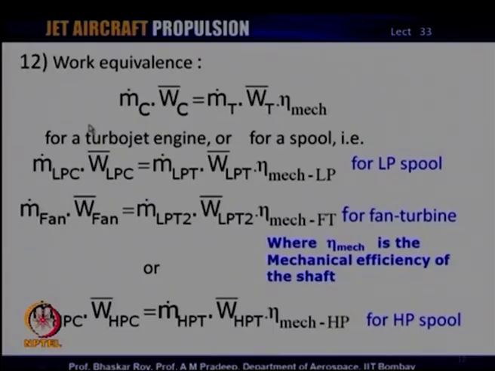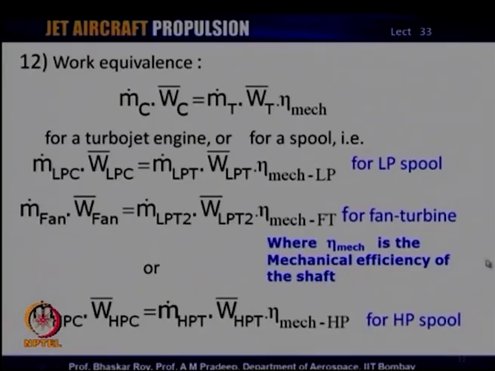If we have a simple turbojet engine spool, for example the LP spool, the compressor work is on the left hand side, and on the right hand side we have the LP turbine work multiplied by the mechanical efficiency of the LP shaft.